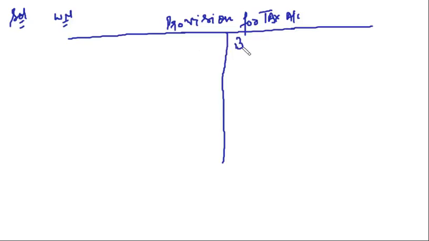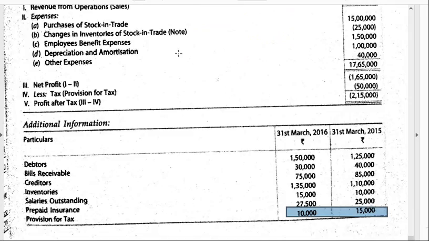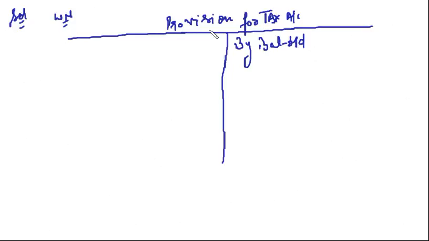Now, by balance brought down, we are given the balances. The balance as at 31st March 2015 is 15,000. So that is our opening balance. Closing balance is 10,000. Provision created during the year is 50,000. Right? So I can take here 15,000.